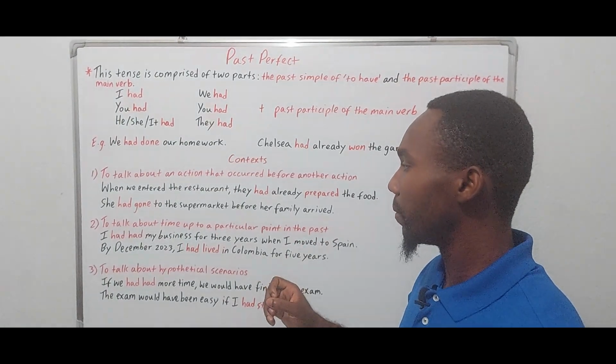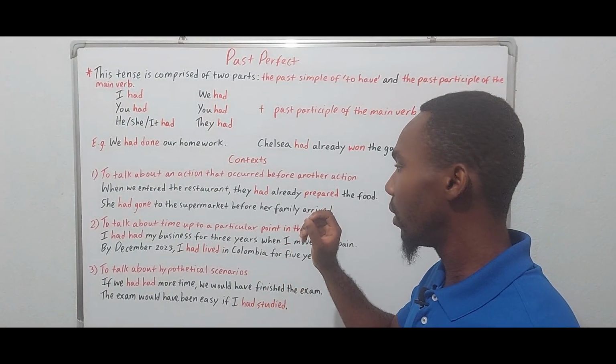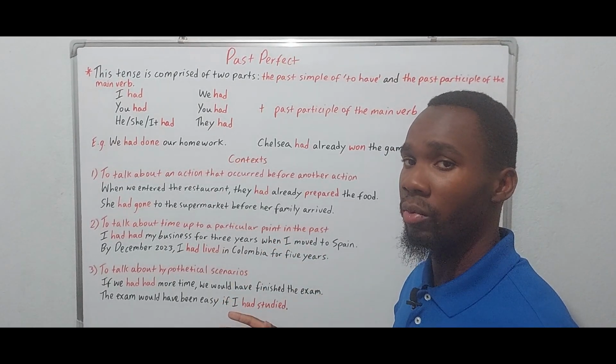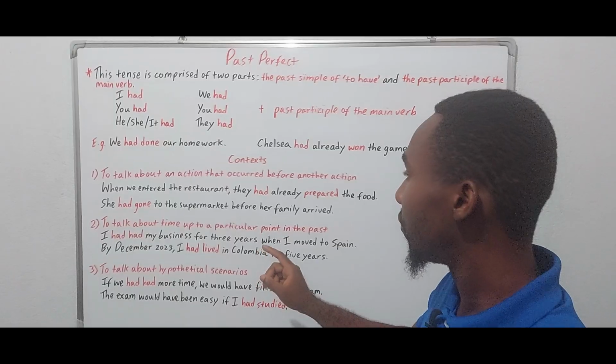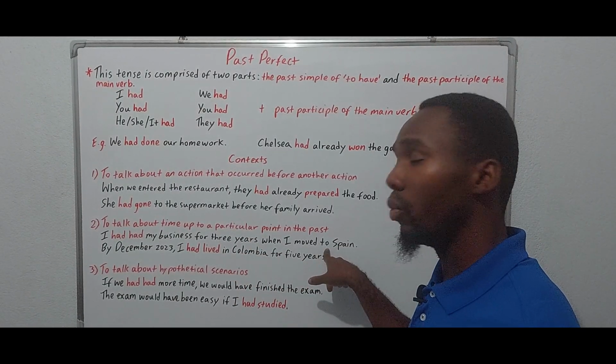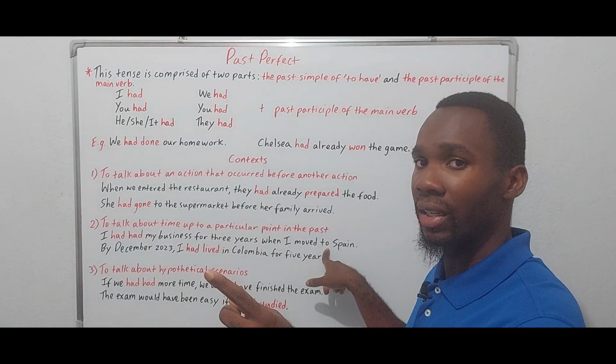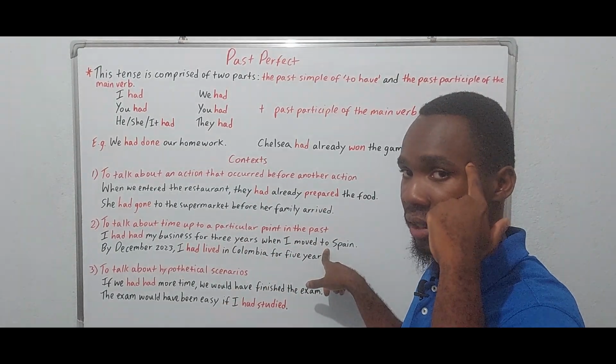So what this is saying is at a particular point in time, which particular point are we referring to? We're referring to when I moved to Spain. So we're talking about that particular point in time. So have that in your mind, right?